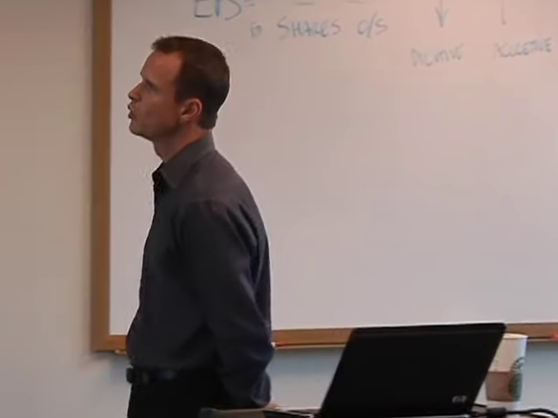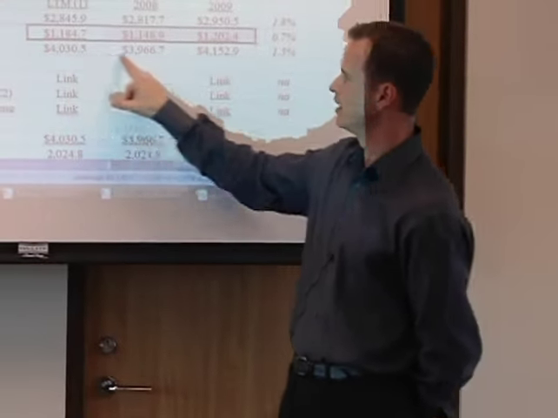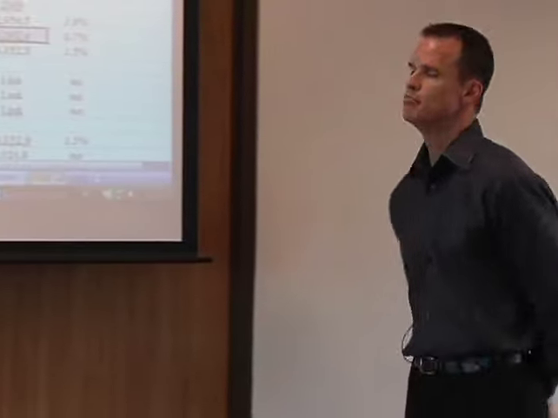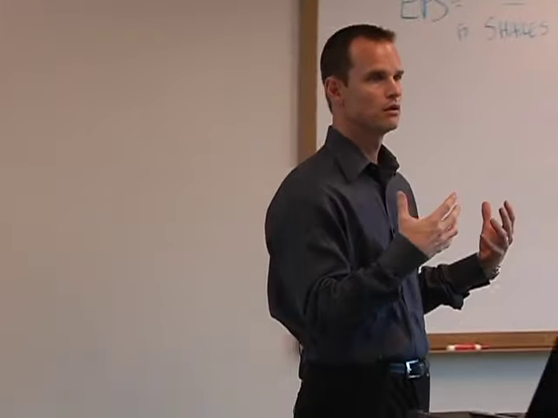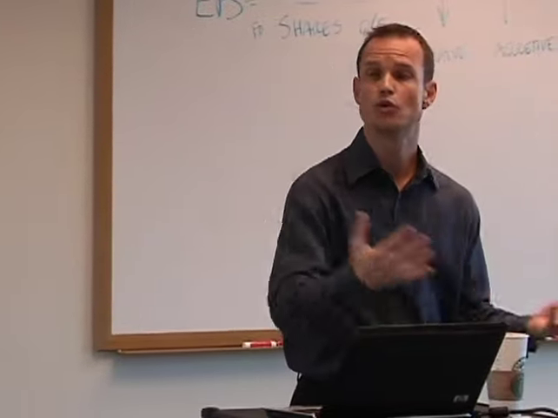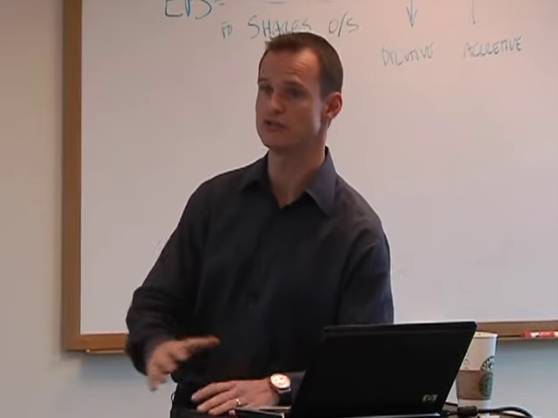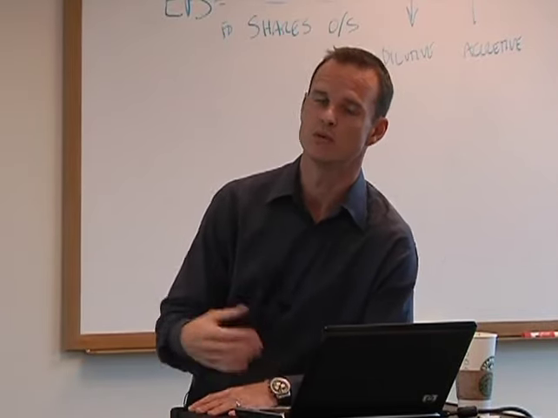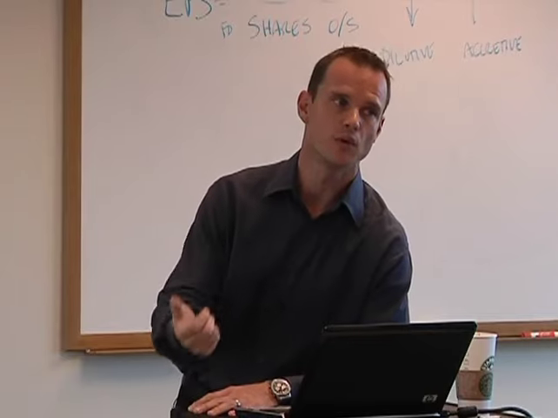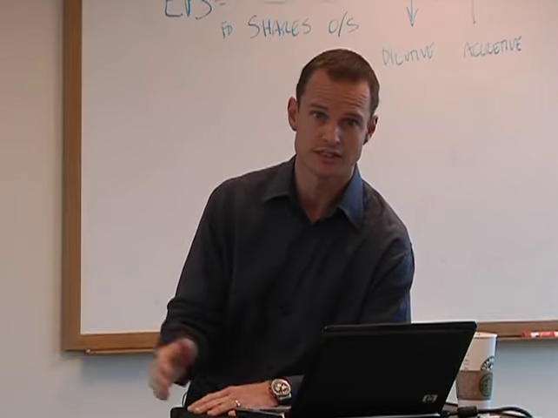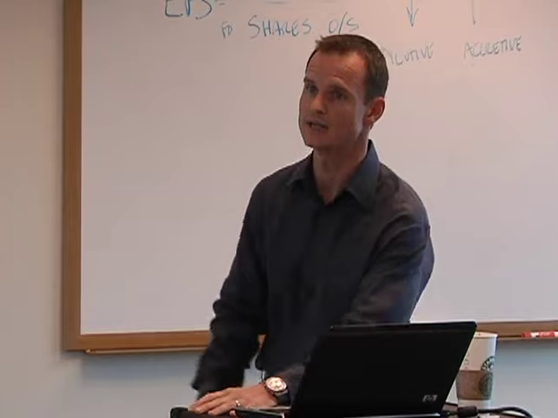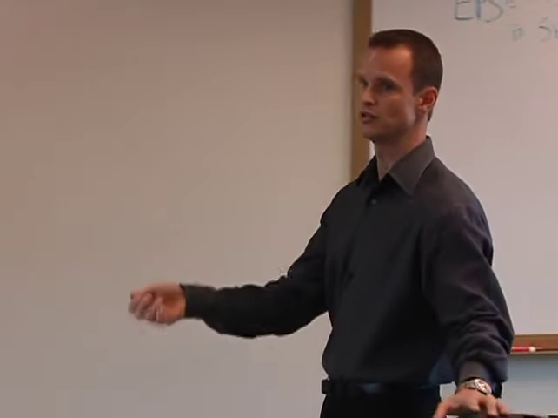Okay, so now at this point, we've got net income for the combined company before we account for the transaction and how it's going to affect the combined company's earnings going forward. Before we factored in synergies, before we factored in any amortization of intangibles, before we factored in any additional interest expense or lost interest income.